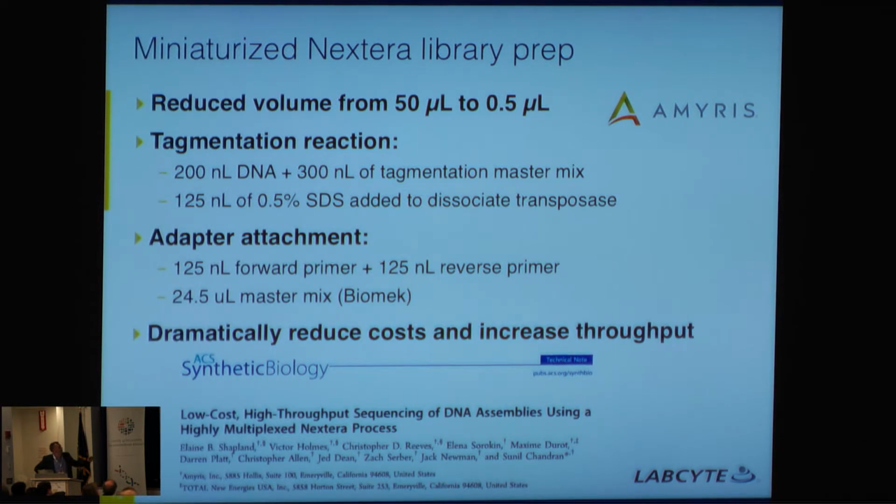One example from Amyris was the ability to microscale the Nextera reaction from 50 microliters down to 500 nanoliters, adding 200 nanoliters of DNA with the Echo, and then the tagmentation master mix, 300 nanoliters, and then being able to terminate that also with the Echo, and then also using the Echo for adding the primers.